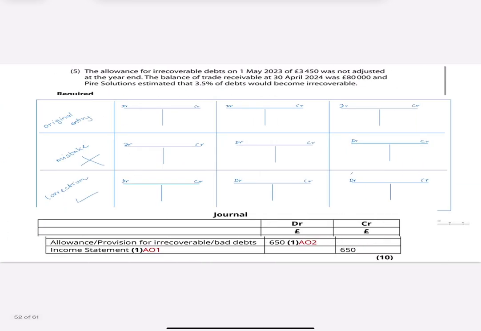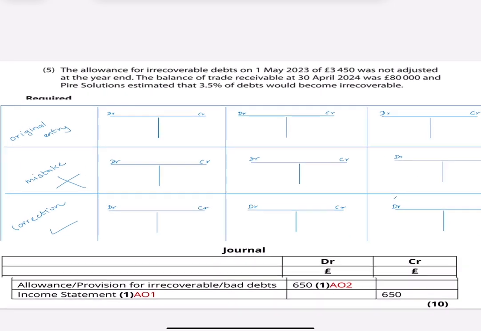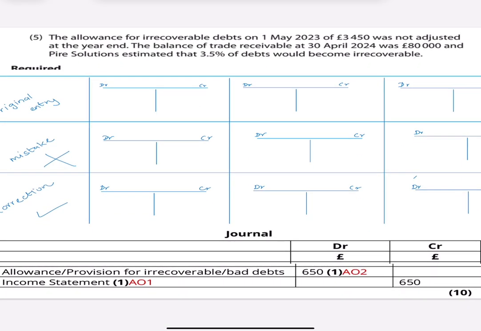Error number 5. The allowance for irrecoverable debts, or we call it provision for irrecoverable debts, on 1st May 2023 of £3,450 was not adjusted at the year end.